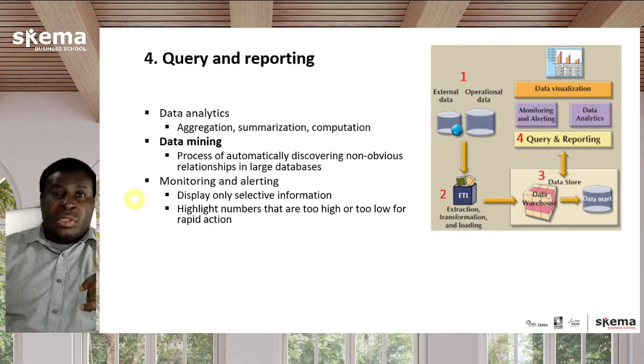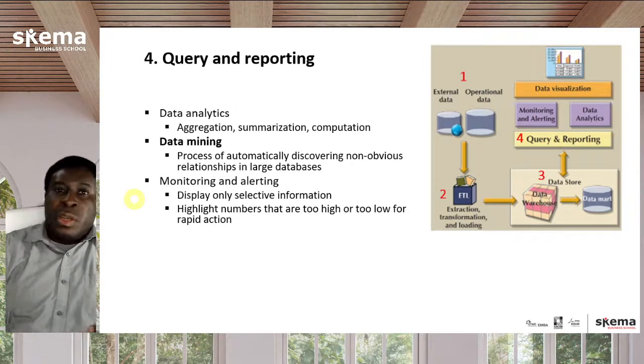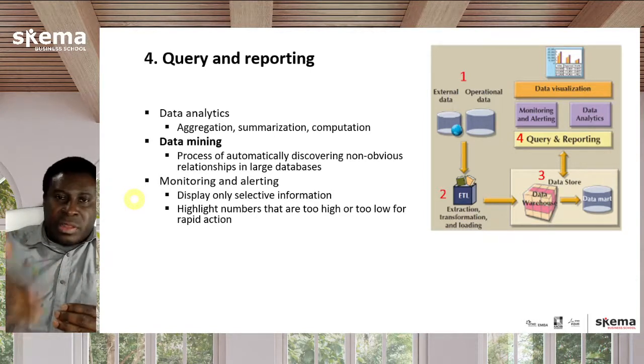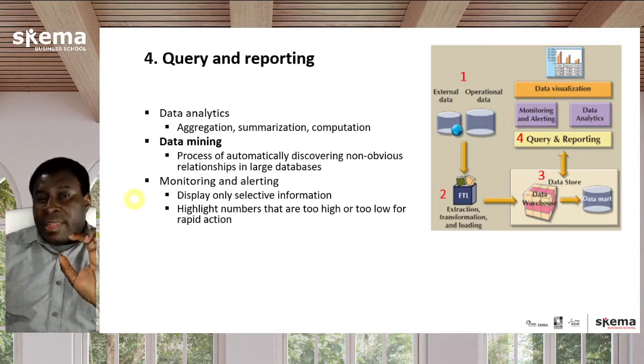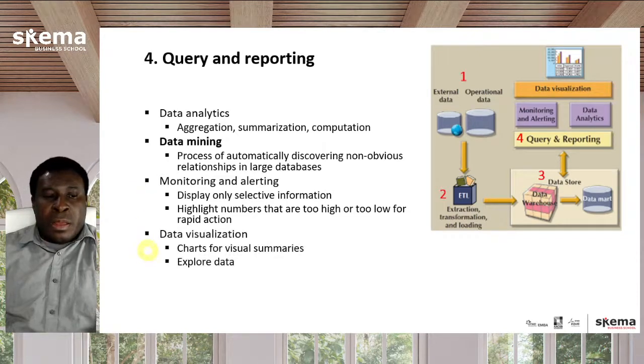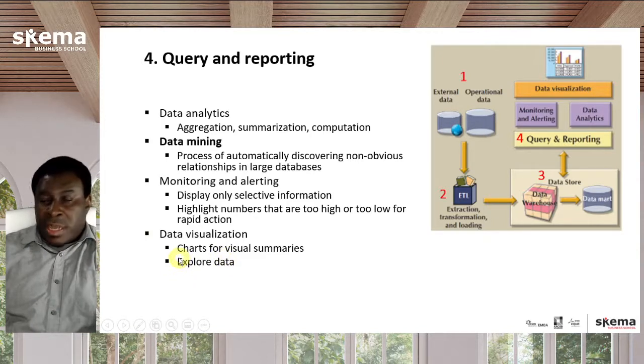So, for instance, you know you have to buy inventory restock, and you might have regular monthly purchases, but you want to know when the exchange rate from the country that you're buying from suddenly becomes very favorable, and then you make a major purchase there. You don't wait for your monthly time. So that's an example of an alert. There's data visualization, which involves creating tables and charts for visual summaries and exploration of the data.